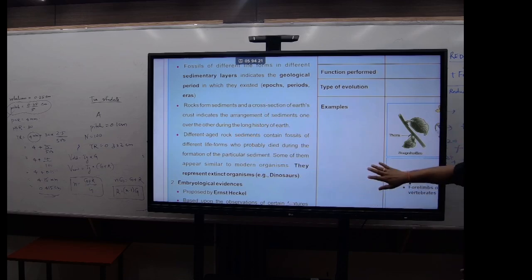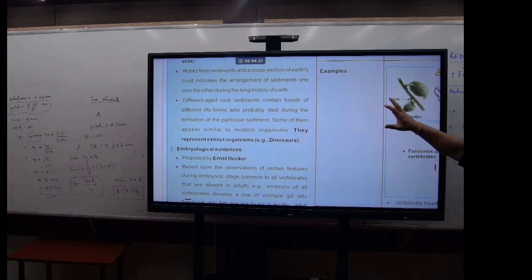Okay. Now different aged rock sediments contain fossils of different life forms. Like I said, one layer may contain the fossils of fishes, one layer the fossils of invertebrates, and one layer may contain the fossils of algae or fungi. So different layers contain different animals and plants with different characteristics.